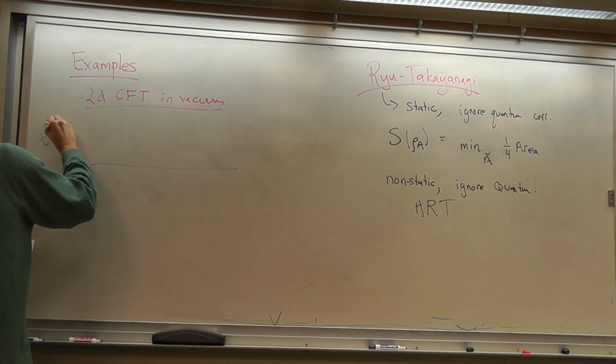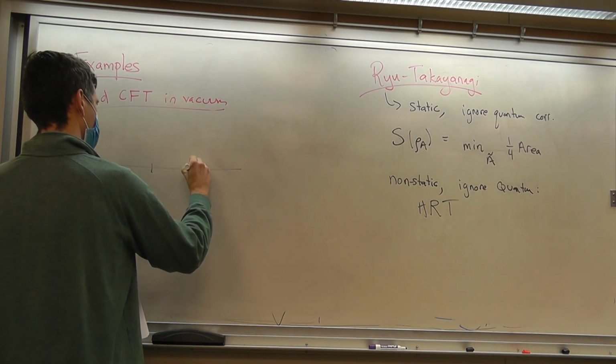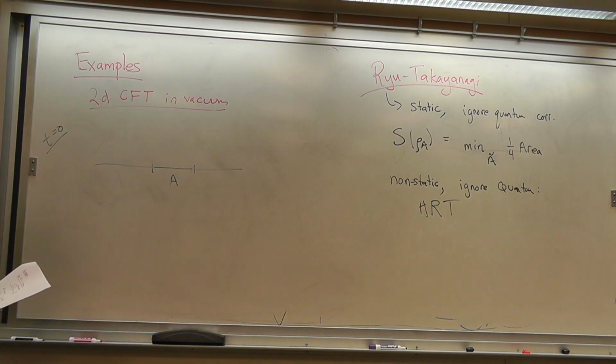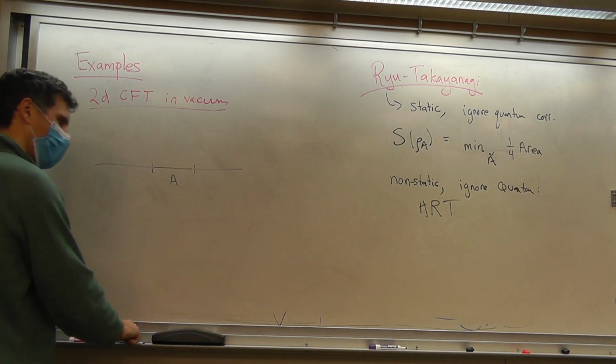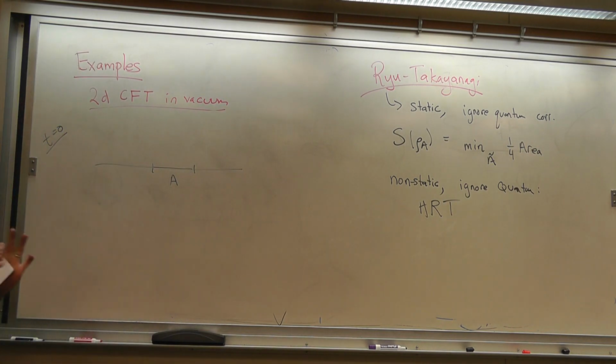We're going to draw pictures at time 0. Everything is time independent. So the region we're interested in is a region A on the boundary. I'm also going to ignore quantum effects. We're just going to calculate the classical term.